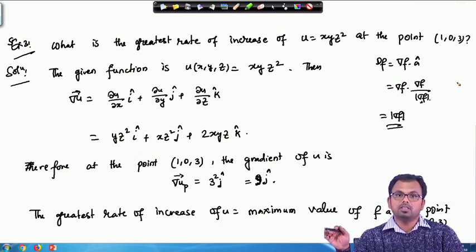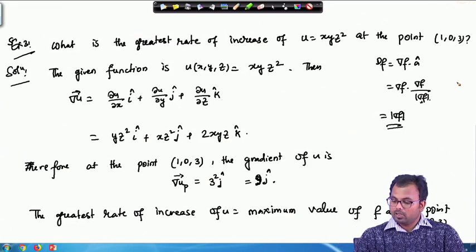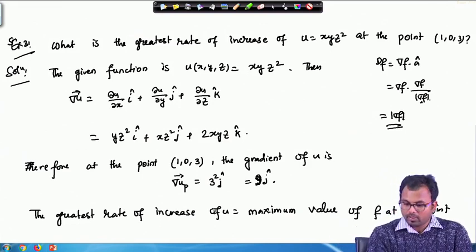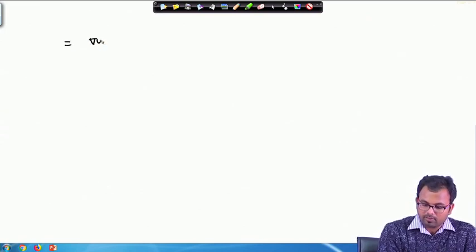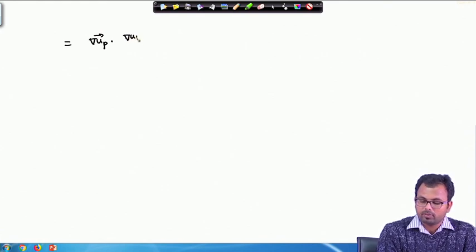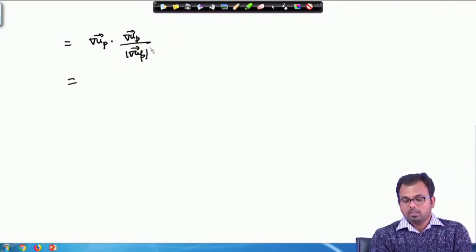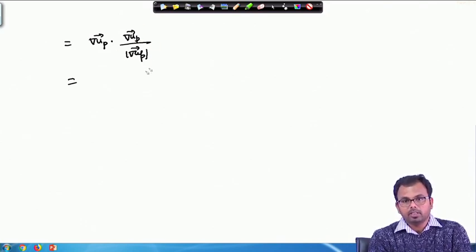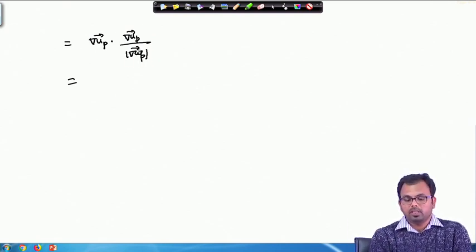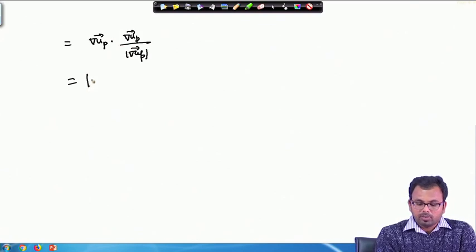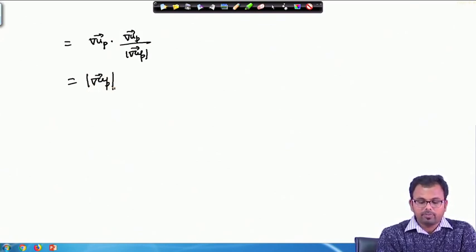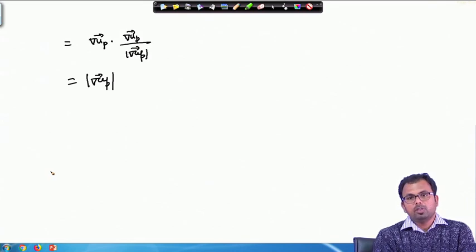So, here we will have the gradient of u at the point P dot product with the gradient of u at the point P divided by the mod of the gradient of u at the point P, if we consider the unit vector a cap as gradient of u by mod of gradient of u.